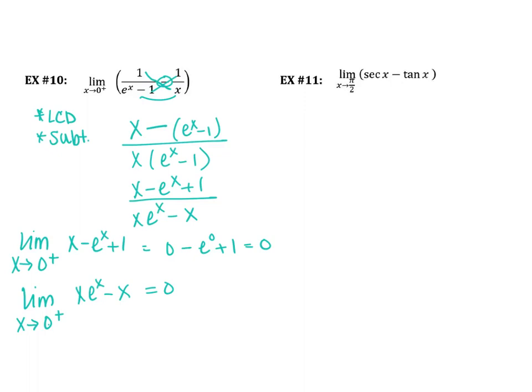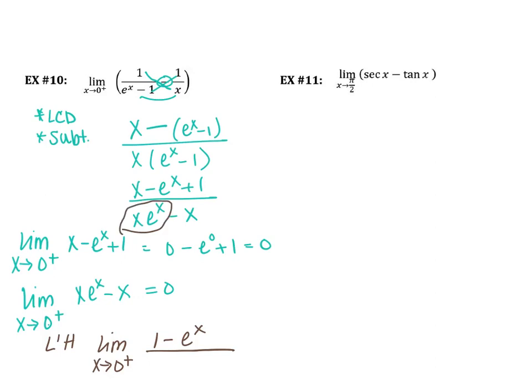So on that, let's see what we can do. Again, we're going to make our note here. We're going to say L'Hopital's rule. And now let's look at our derivatives. So we're going to have the limit as x approaches 0 from the right. And when we do our derivatives here, you're going to get 1 minus e to the x over, now be careful right here, that is going to be the product rule.